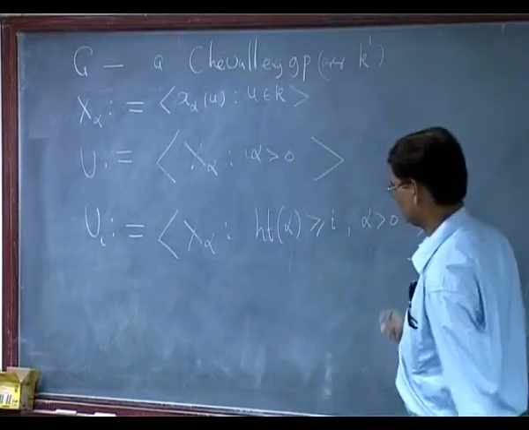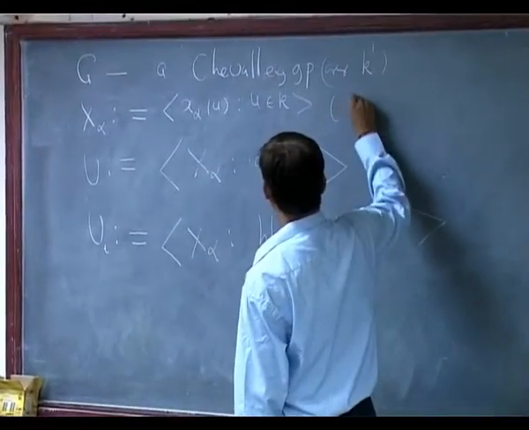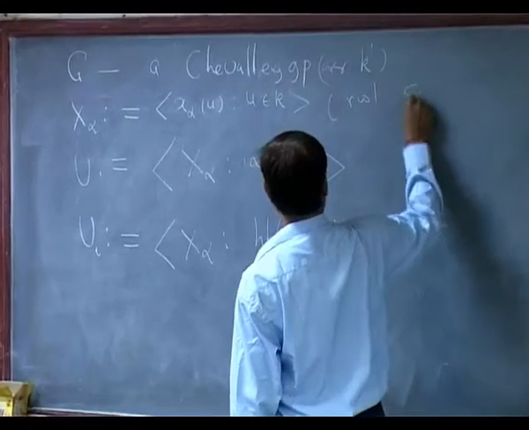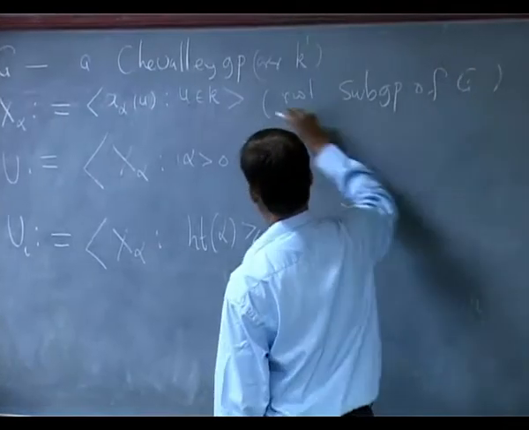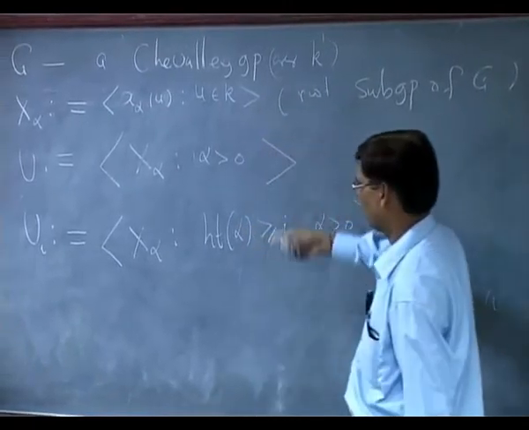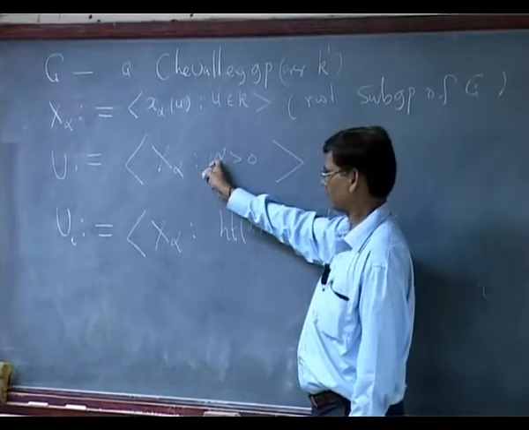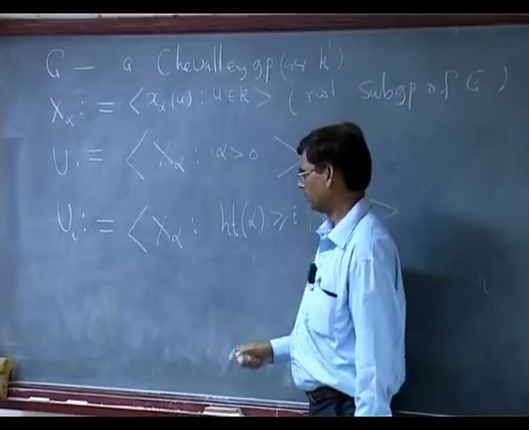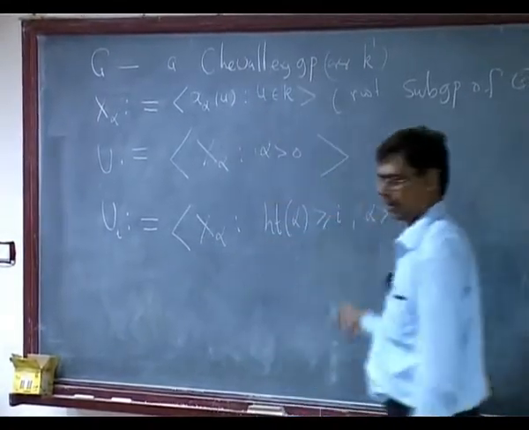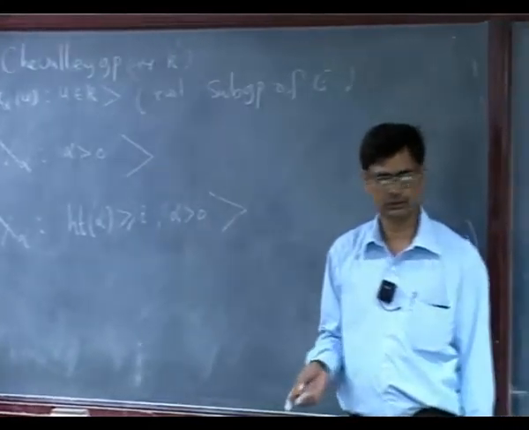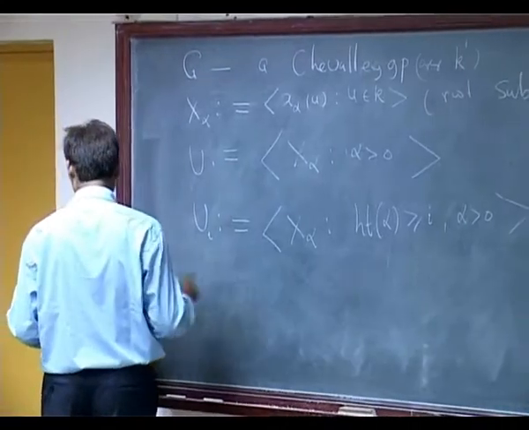This is called the root subgroup of G, and U is the subgroup generated by all root subgroups for positive roots, and Ui is generated by those root subgroups whose height is greater than or equal to i. So then we have a central series; the proposition is the following.